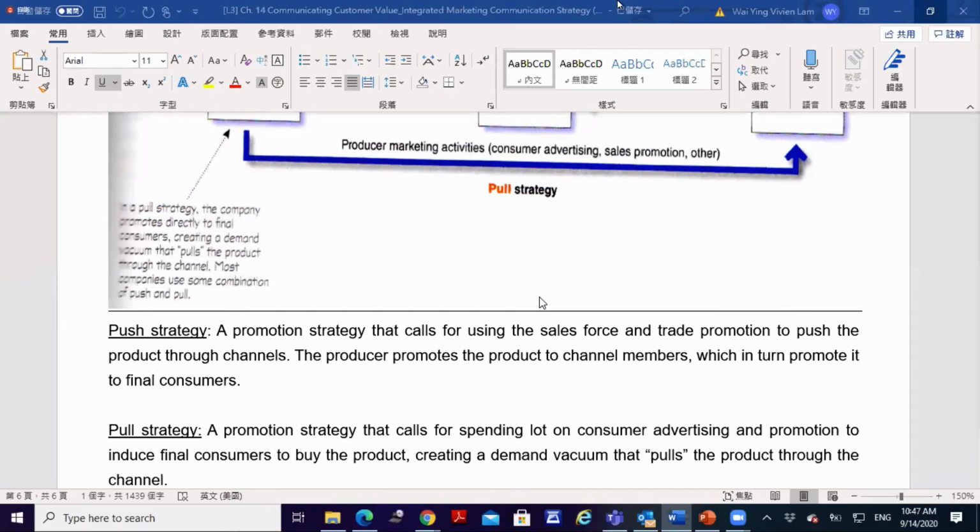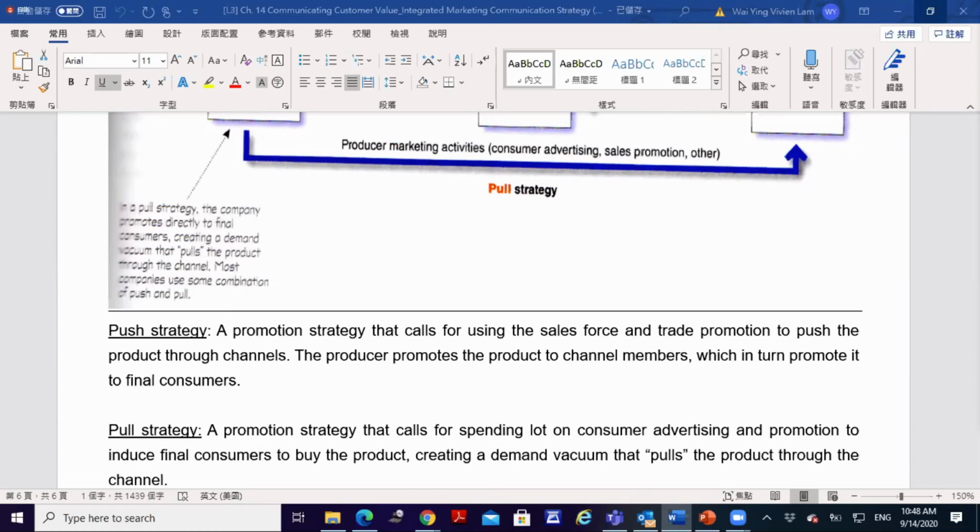Pull, soft sell, is SOFT, I typed it wrong earlier. This one, you may not try to brainwash them. You may just release some of the benefits from time to time.